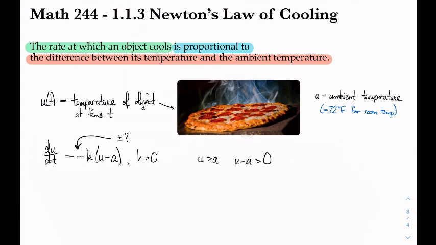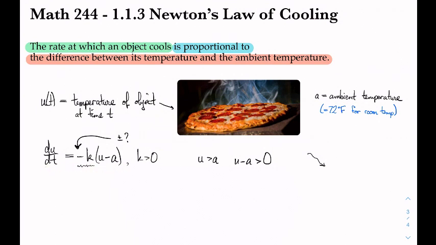In that case, we need the temperature of the object to be decreasing, so the derivative should be negative. By putting in a minus K out front, we're ensured that the temperature of the object is going to be decreasing. So this is the standard form for Newton's law of cooling as an ordinary differential equation.